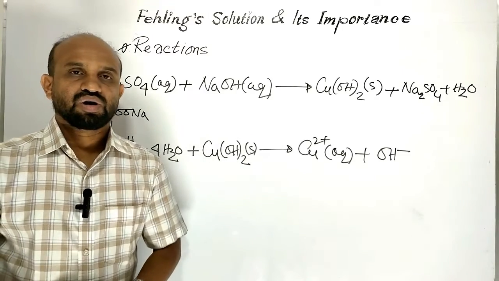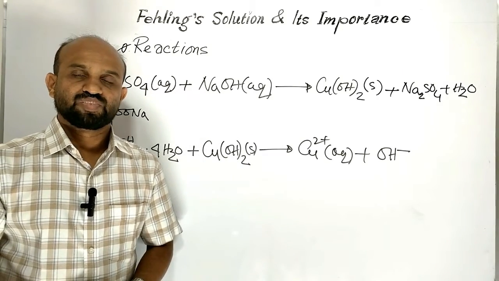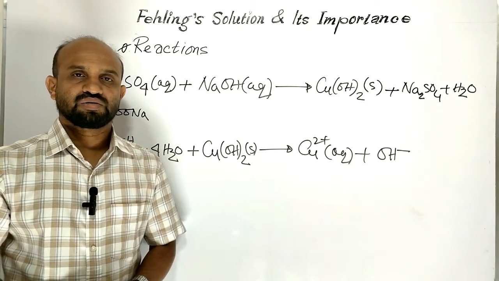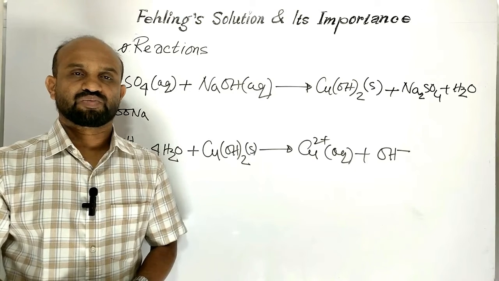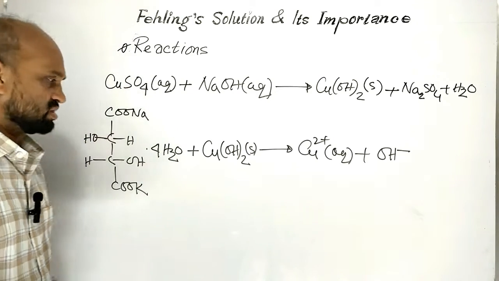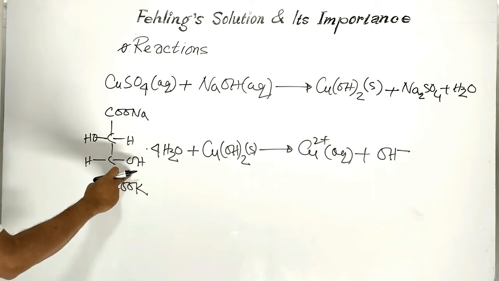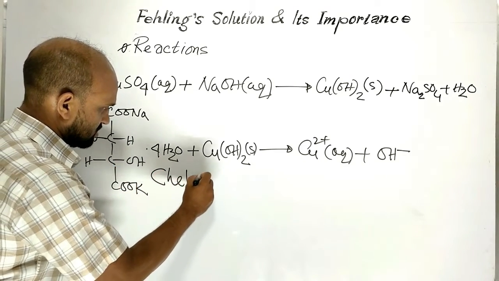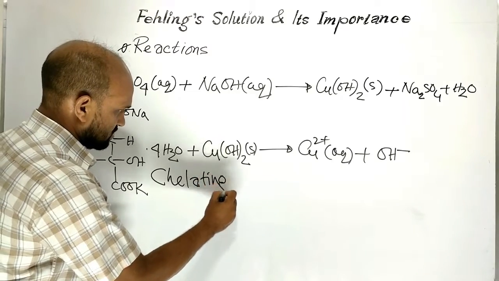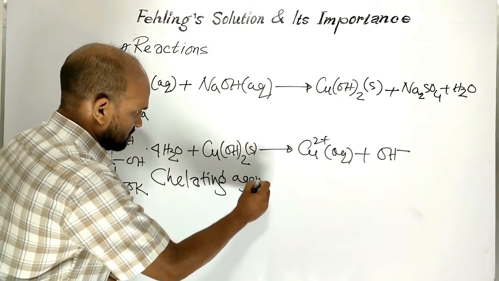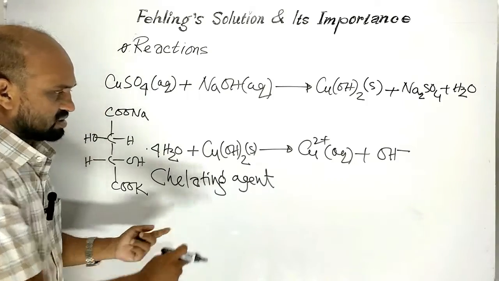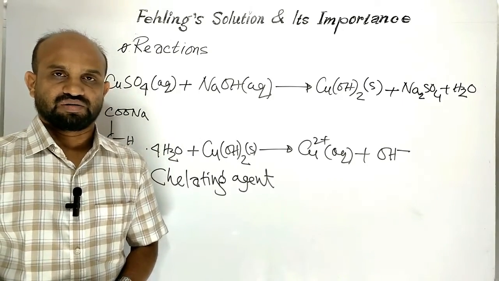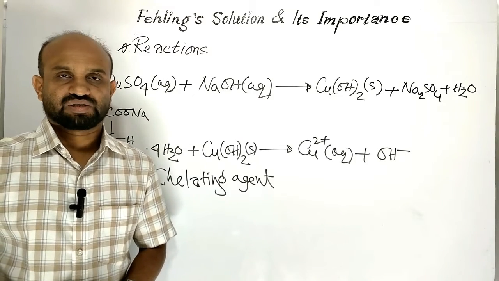Here, role of Rochelle salt is to prevent precipitation of copper hydroxide. Rochelle salt prevents precipitation of copper hydroxide as Rochelle salt acts as chelating agent. Chelating agent, the chemical that binds to metallic ion to form complex ion.